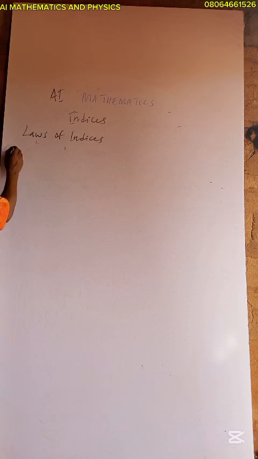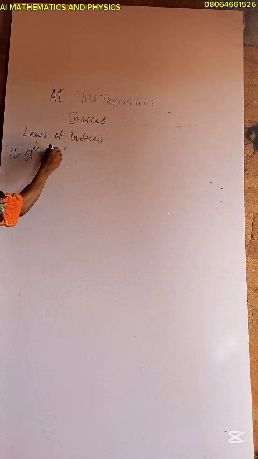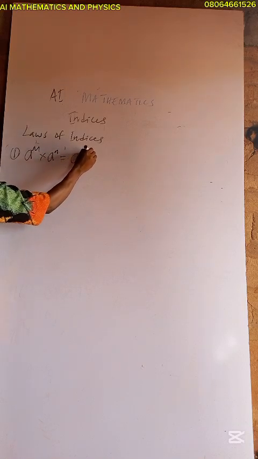So the first one is this: a raised power m multiplied by a raised power n is equal to a raised power m plus n.